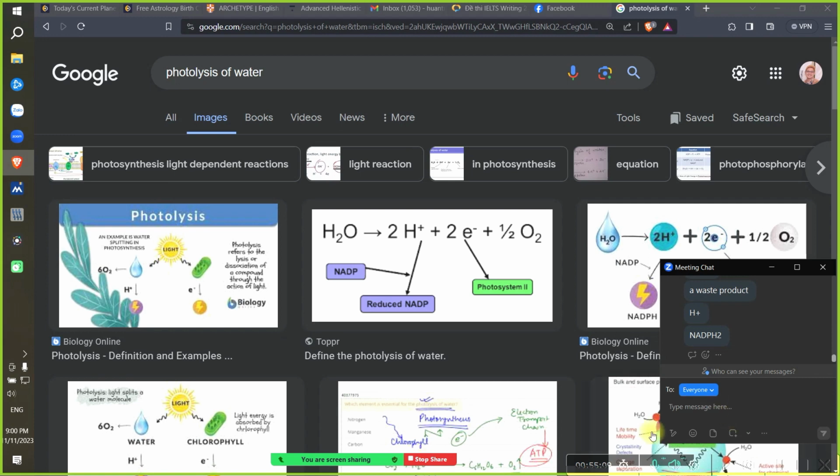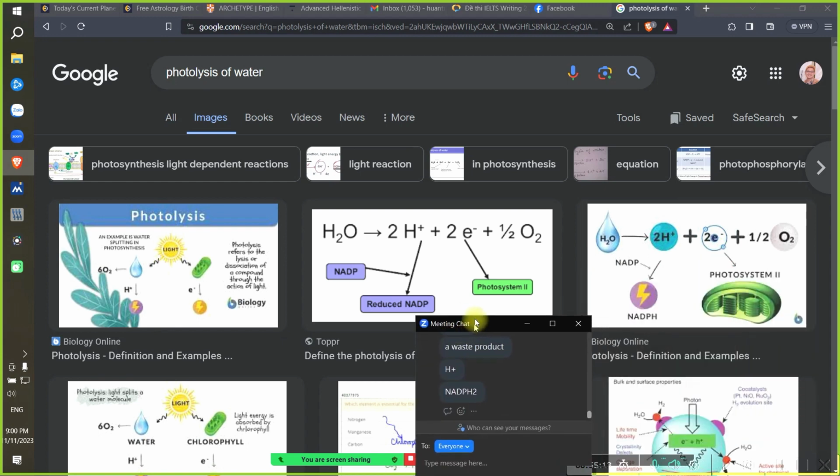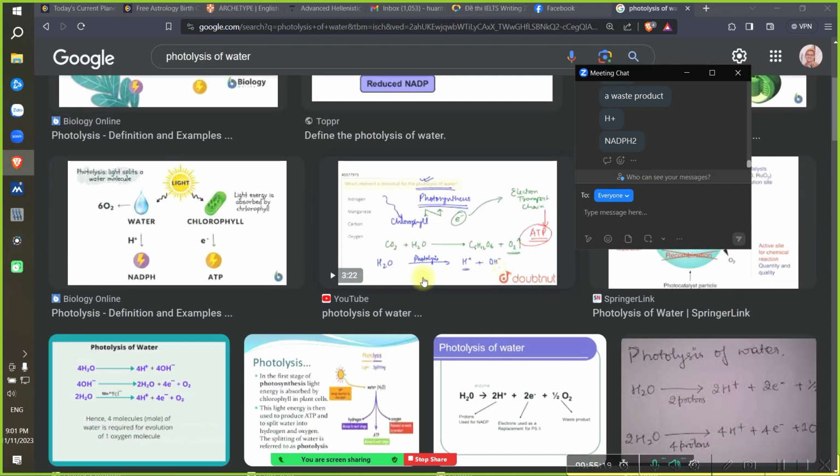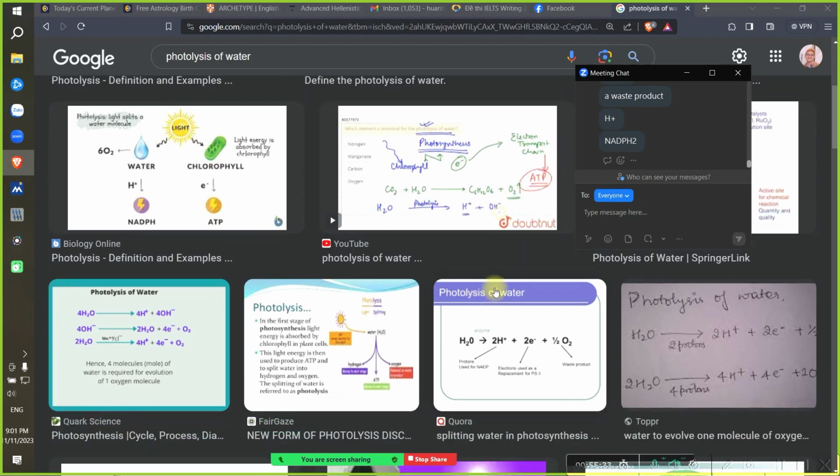Nó gọi là reduce NADP, NADP được khử, tức là thêm H cộng vô, H2 vô. And then this one will go somewhere. I think it will go to the electron transport chain if I remember right. Nó sẽ chở cái H cộng đi đâu? Nó chở H cộng đi vô cái chỗ chuỗi truyền electron. I think so. To create ATP, I think. Nè, cái này là cái quang, cái gì ta? Sự phá vỡ dưới tác động ánh sáng của nước nè.